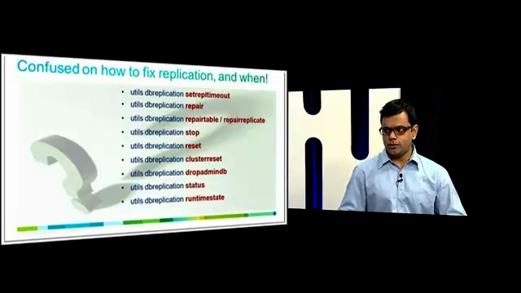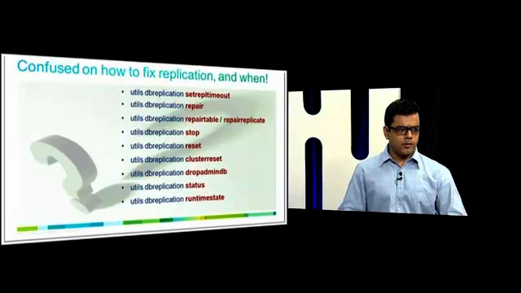Ideally, you don't want to be running this when the replication or the RTMT status is a 3, which primarily points to some sort of intra-cluster communication issues. So moving on, talking about utils dbreplication reset. Now the reset command causes replication to be torn down and then further set up.